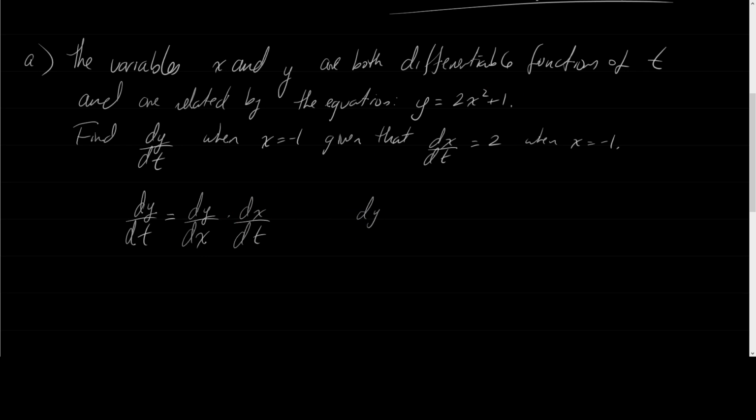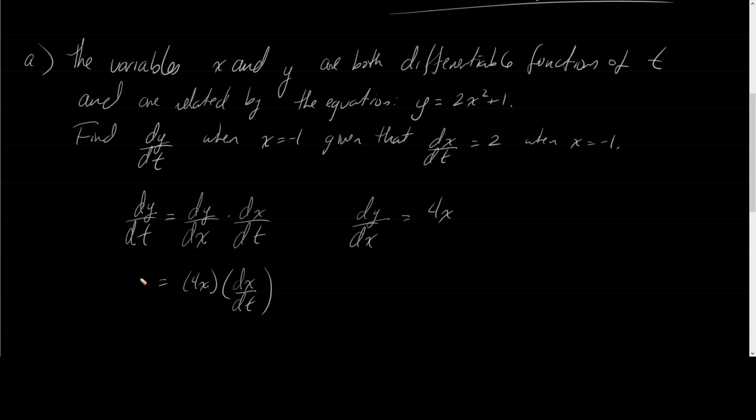Then dy/dx is the derivative of y with respect to x, which is just 4x. So what we get is that dy/dt is 4x times dx/dt. We don't actually know what dx/dt is overall, but we know it when x equals -1.